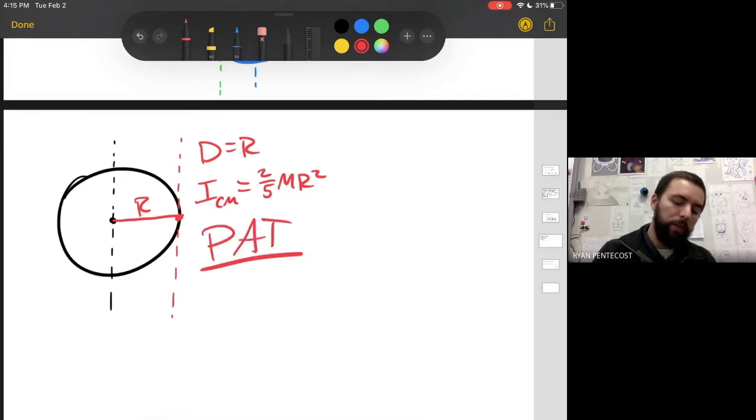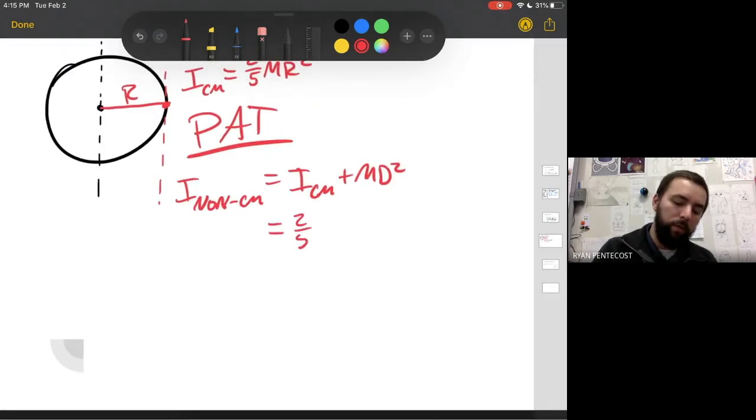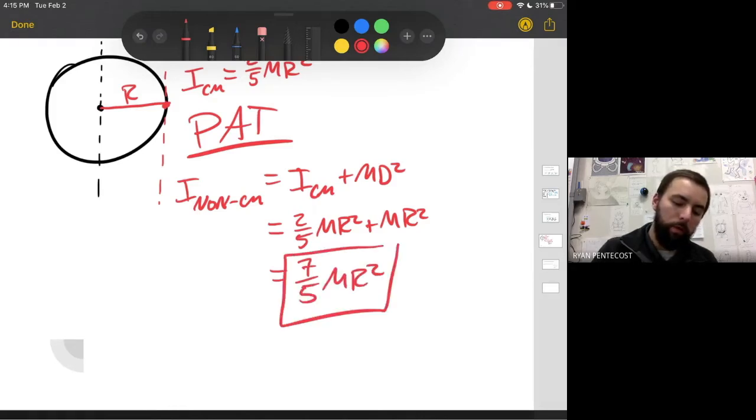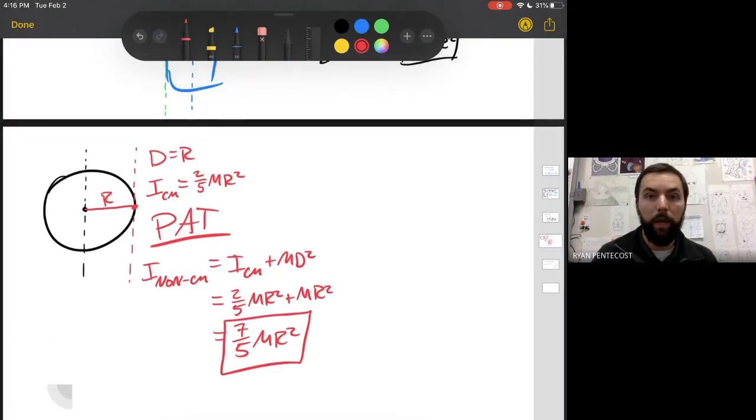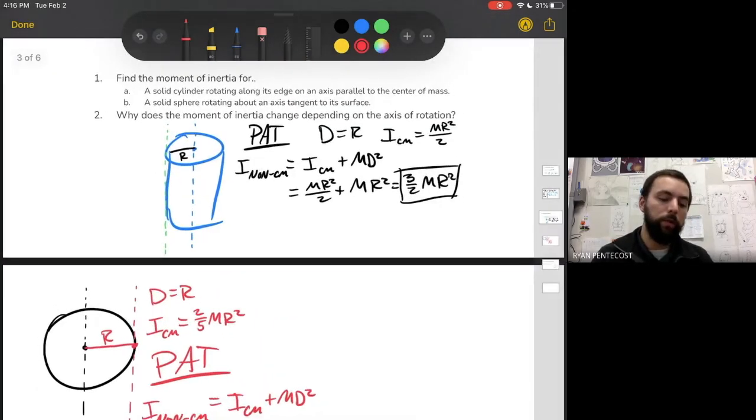So the parallel axis theorem, we say that I for a non-center of mass axis would take the center of mass moment of inertia plus md squared. So that would be 2/5 mr squared plus mr squared. That's like 2/5 plus 5/5. So you've got 7/5 mr squared. So that's how you can do this for three-dimensional objects. Much easier than doing the calculus. Guarantee that for 3 dimensions.